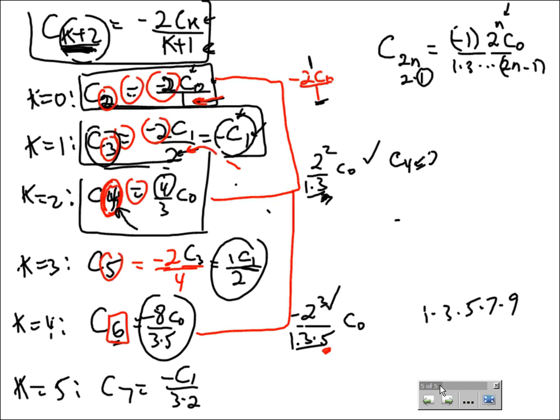Four is 2 times n. n is 2. And I want 2 squared. And when it's C sub 6, which is C sub 2 times 3, I want the numerator to be 2 to the 3. It's working like a charm. It should always be 2 to the n.